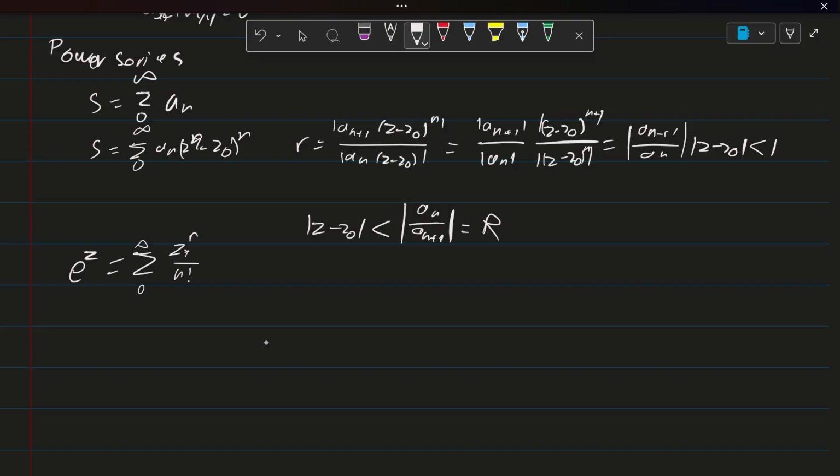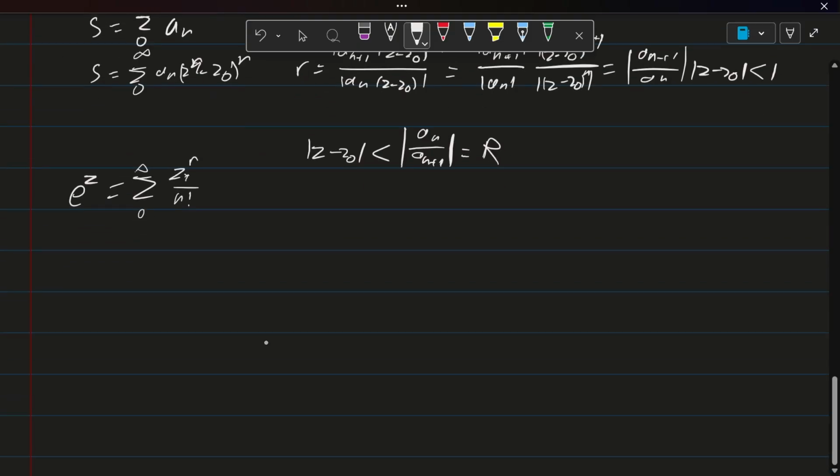And this also works for imaginary numbers. This means that we could actually do this for sine, cosine, cosh, and sinh. And in fact, they have a relation between each other.